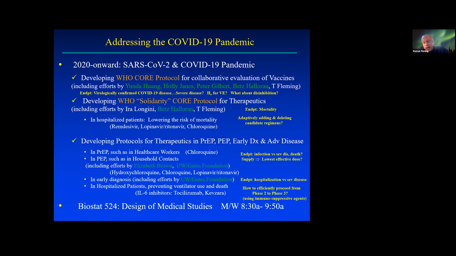So can agents like tocilizumab and Kevzara, which are immunosuppressive, stop that crash? And yet at the same time, by being immunosuppressive, they put you at higher risk. So you can't skip phase 2. And if we have to go to phase 2, we need a quick answer. How do we efficiently do phase 2/phase 3 trials? So in yellow, we've got a very significant number of ongoing challenges methodologically.